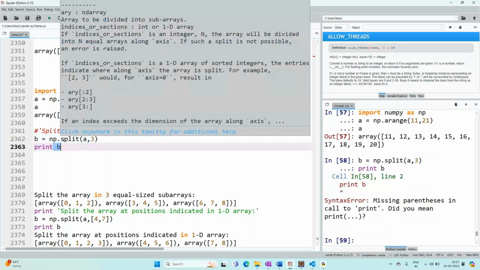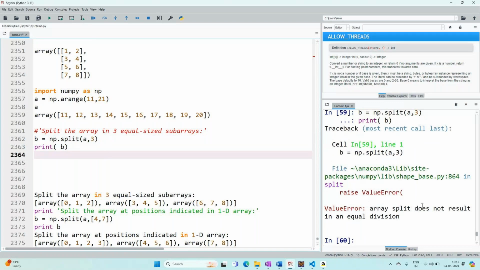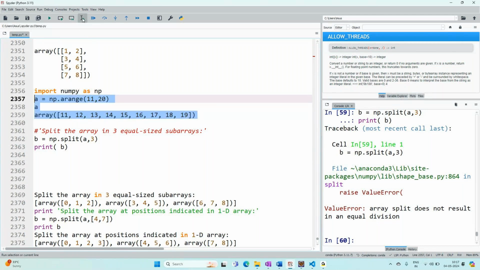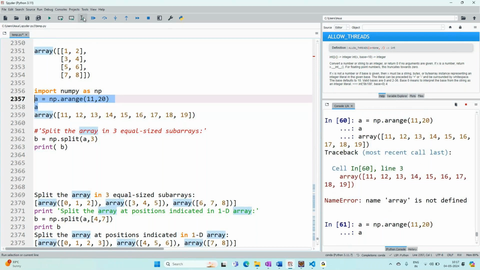So printing of B. How many elements? 1, 2, 3, 4, 5, 6, 7, 8, 9, 10 elements are there. So we'll make it 20. 20 would be better. 20 means you will get 19 only, right? You'll get 19.